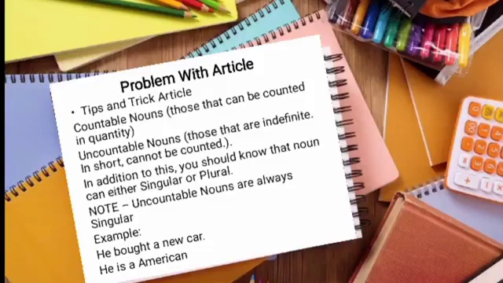In order to understand how articles are used, it is important to know that nouns can be distinguished into two main parts. The first part is countable nouns, those that can be counted in quantity. And the second is uncountable nouns, those that are indefinite, in short, cannot be counted.